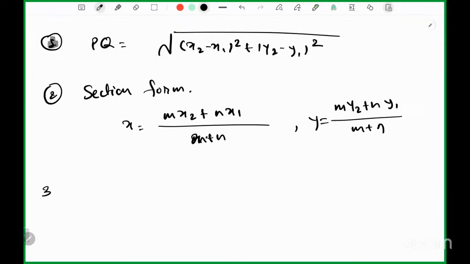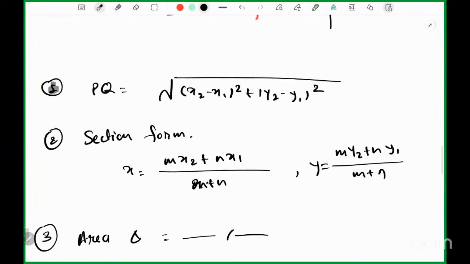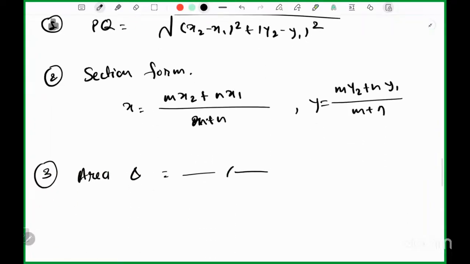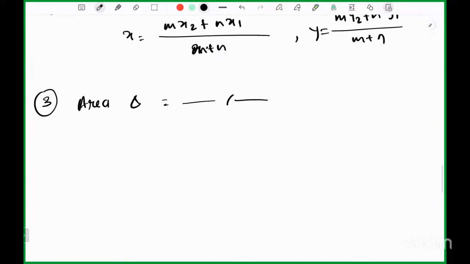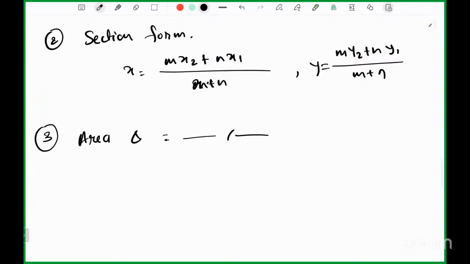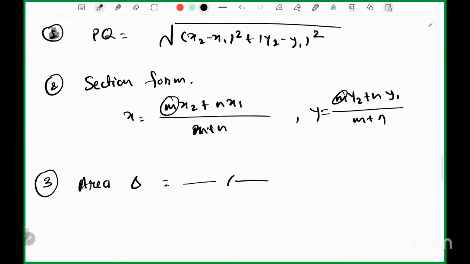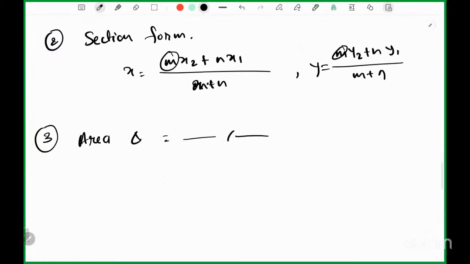The third one is the area of triangle, which we just recalled. For the section formula, there is one more thing, where you find m and n when the points are given. It depends on what the question asks. They can ask for the value of m and n, and you can just change the formula a little bit and get your answer.